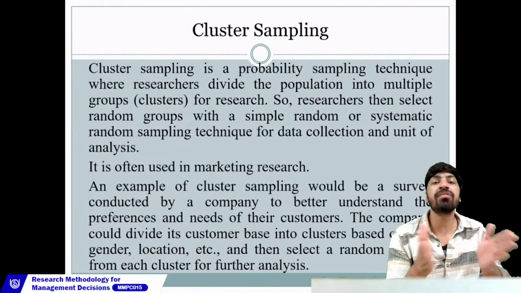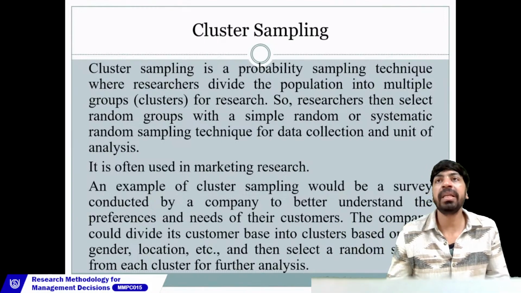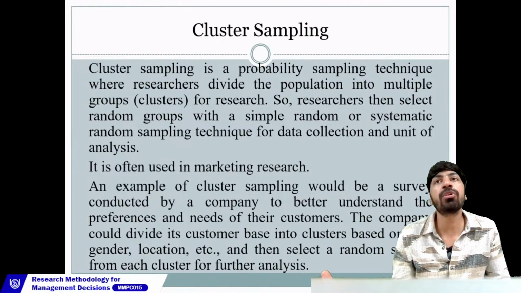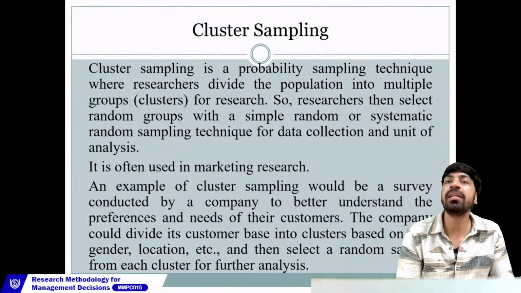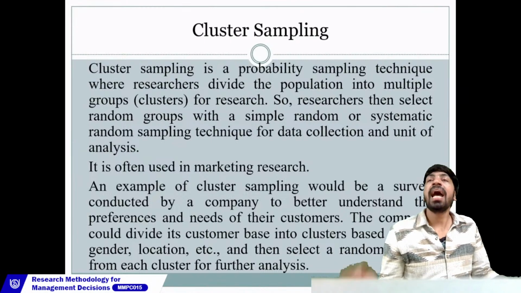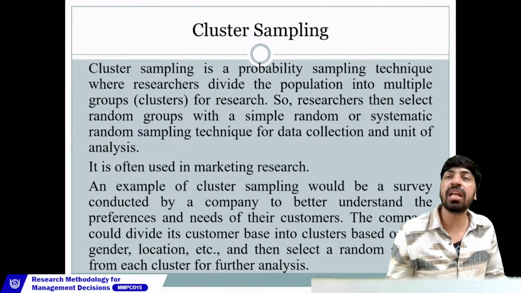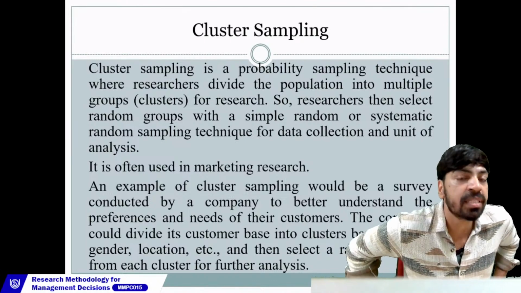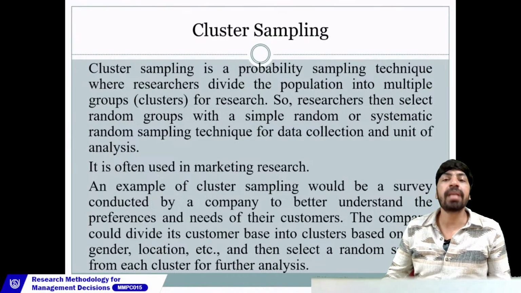When a researcher divides the target population into multiple groups based on age, gender, location, income, expenditure, height, weight, and accordingly selects random samples from each cluster for further analysis of data, that's called cluster sampling.